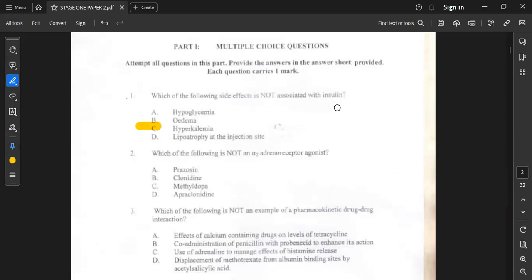Okay, should we recall ourselves about the different types of insulin?